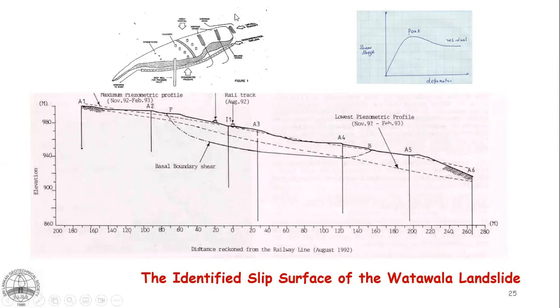So this illustrates the measures adopted. There were cut-off drains done at different levels to divert the water coming into this critical slope area, right? So that is surface drainage. And there were eductor pumping wells drilled in here to pump the water out and lower the groundwater table.